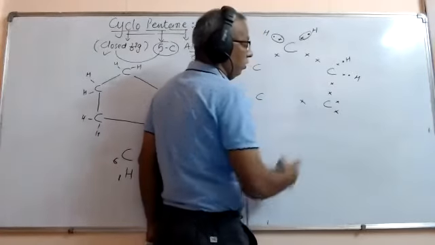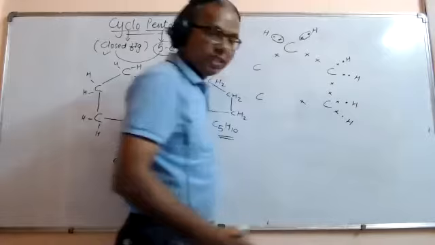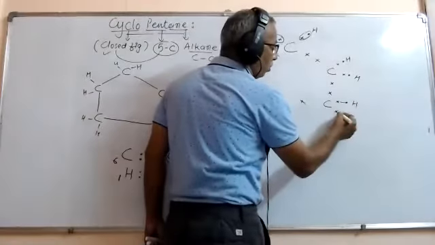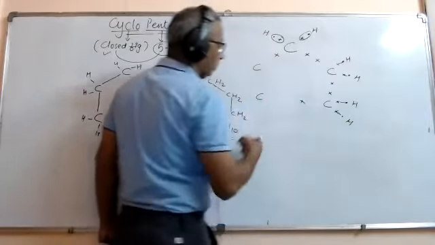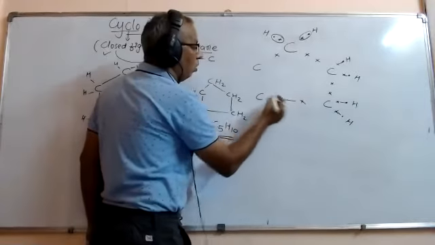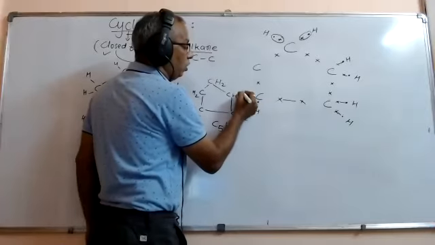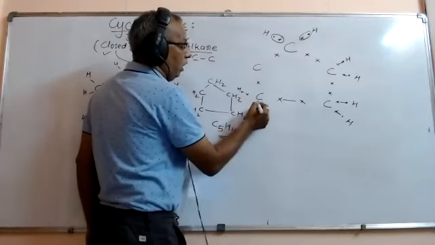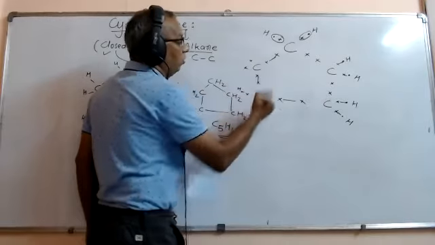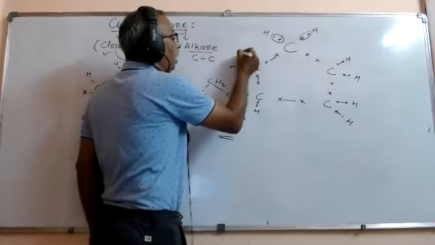Right? 2 electrons are shared with 2 hydrogens, and this is a covalent bond. This carbon also will put 1 electron to make a bond, 2, 3 and 4. Here is a hydrogen and hydrogen, right? This carbon will also put two electrons. Here is hydrogen and hydrogen.